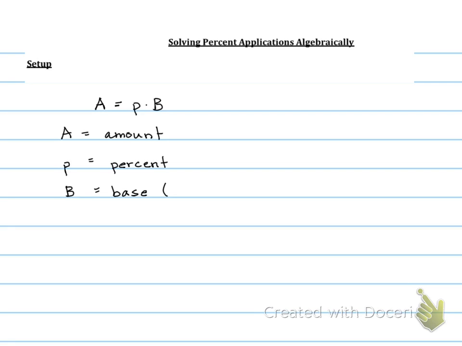So it depends on whether we're just taking a portion of a whole or doing a percent increase or decrease, like paying a tip on a dinner bill. If we're just talking about taking a portion of a whole, then the base is the total. And if we're talking about percent change, where we're increasing or decreasing something by a percentage, then the base is always the value before the change.